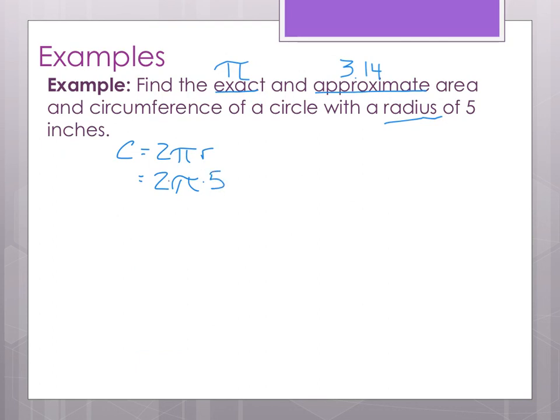Okay, great, we're almost there. I'm going to move a couple things around because we can do this with multiplication: 2 times 5 times pi. Just so my numbers are next to each other, it's a little easier to see. And then we'll finish with our multiplication. 2 times 5 is 10. So our exact answer will be 10 pi.